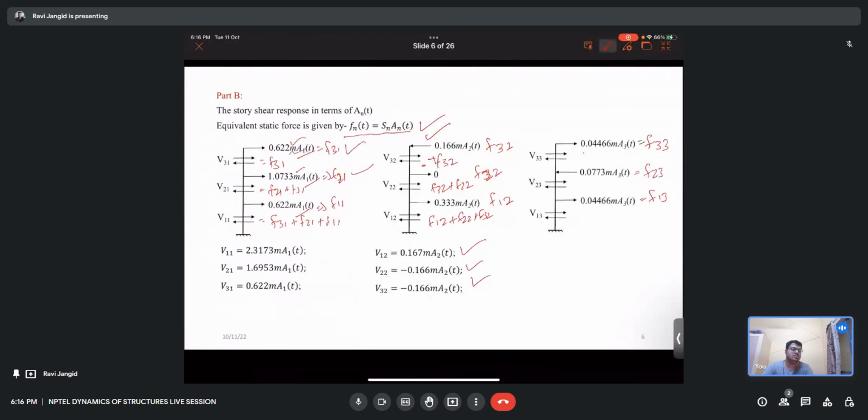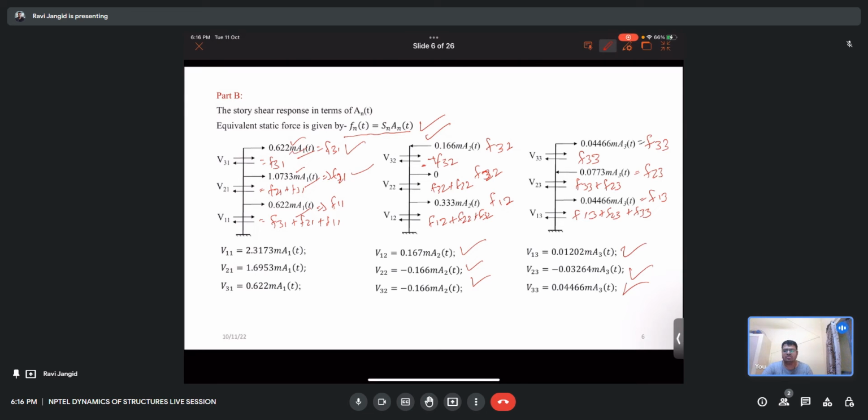V33 would be F33, V23 would be F33 plus F23, and V13 would be F13 plus F23 plus F33. If you do this addition, you will get V13, V23 and V33.